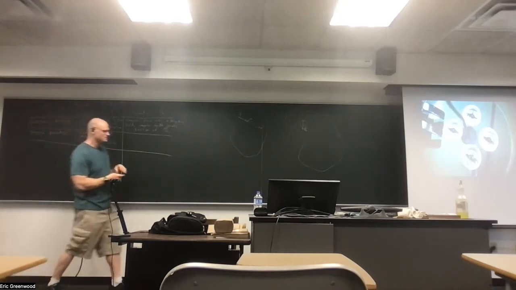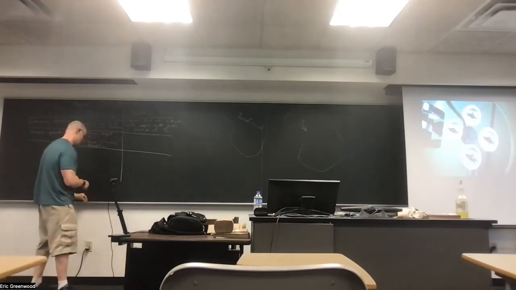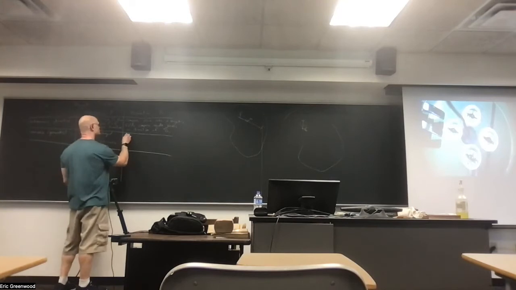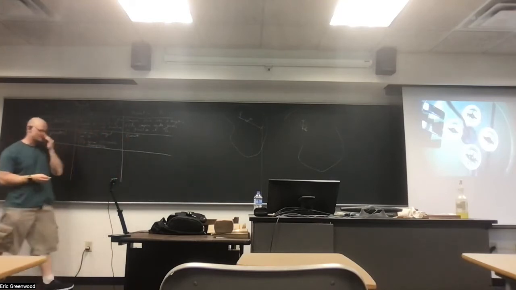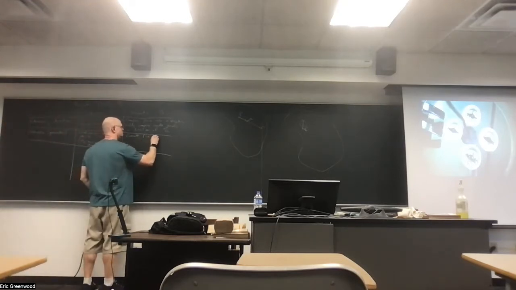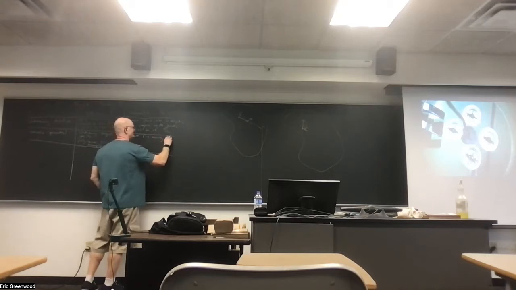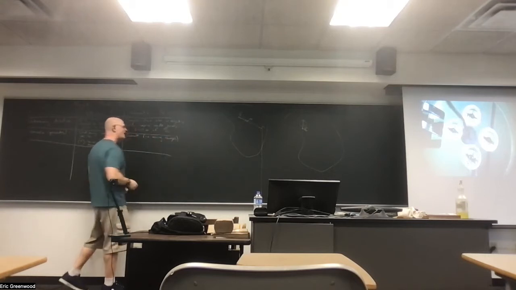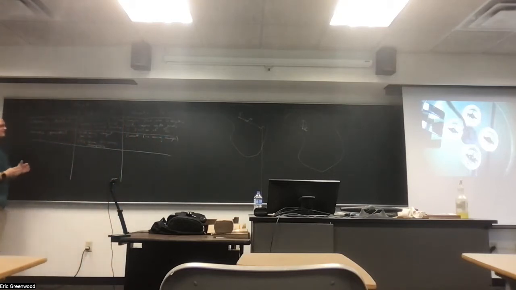When it comes to magnetic fields, it turns out that what actually sources magnetic fields is current. So current is the source of magnetic field, i.e. moving charges, unlike electric fields, which are sourced by stationary charges.